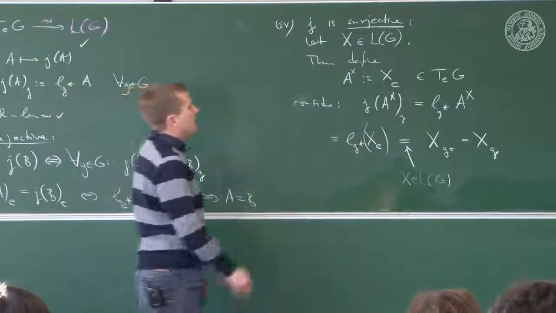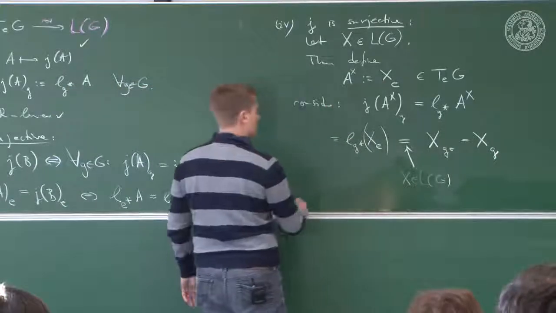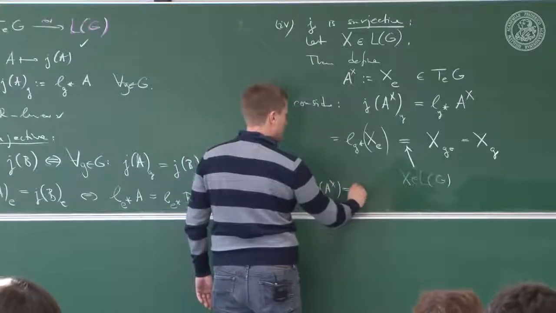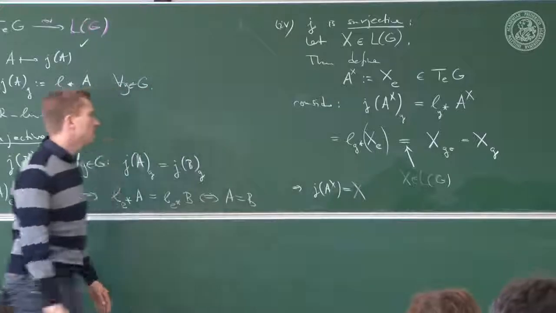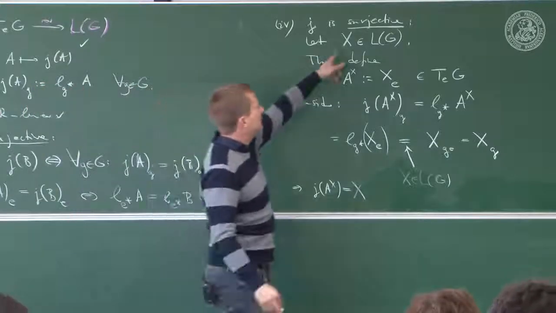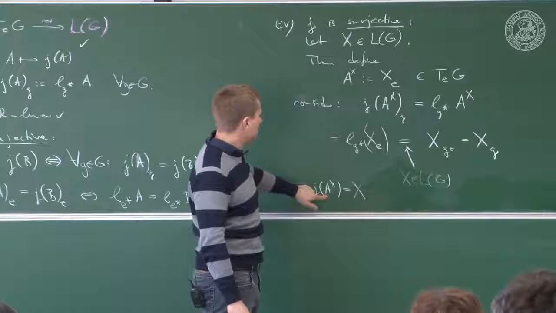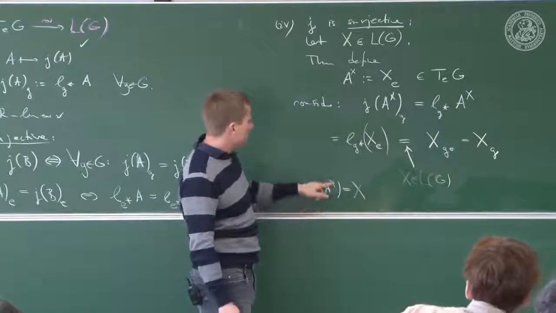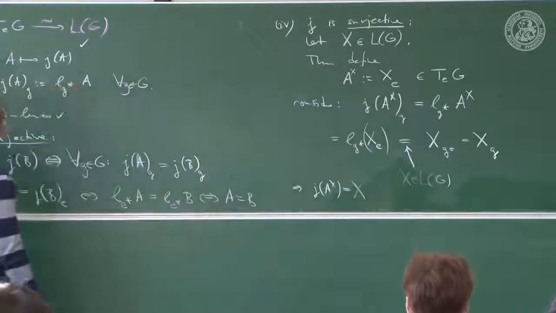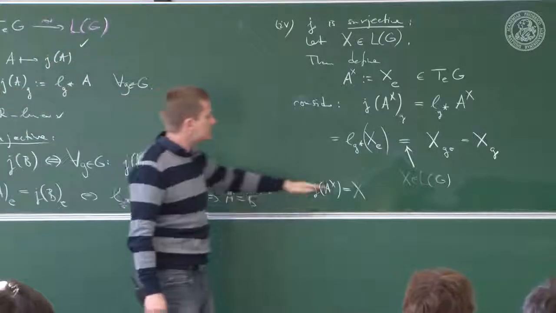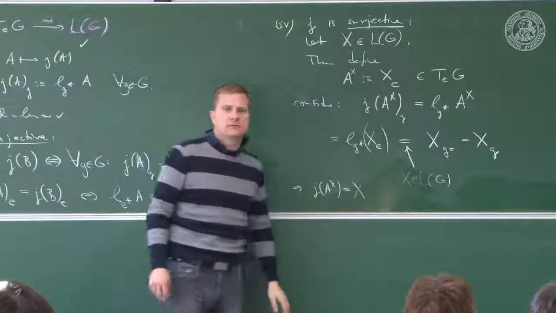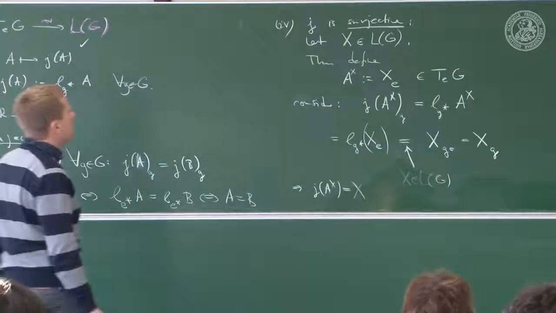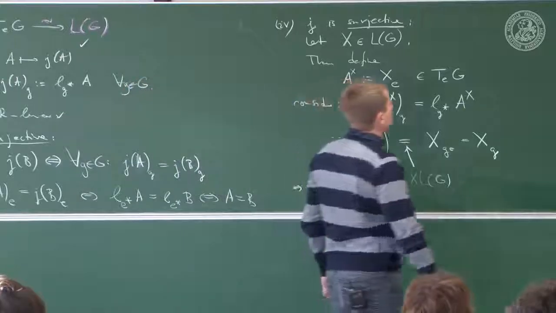And that means that J of AX is X. I chose an arbitrary one and I constructed an element of the tangent space at the identity that, if it's mapped by J, hits this arbitrary element. So the map is also surjective.